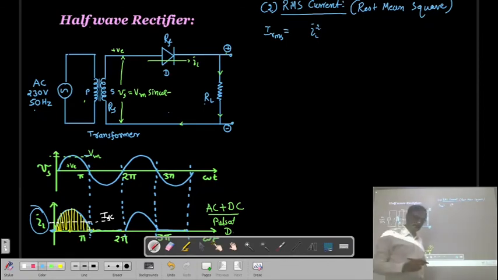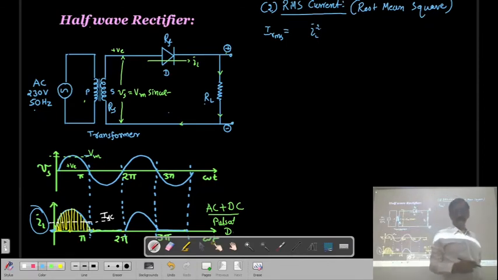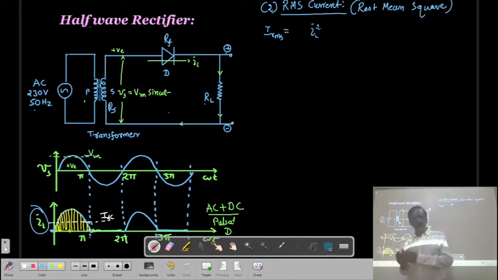Now, mean means average, and as I already mentioned, average means you take the summation of all the components and then divide by 2 pi. The summation can be taken with the help of integration. So if I take the integration from 0 to 2 pi and divide by 2 pi, this gives the mean of the square term.